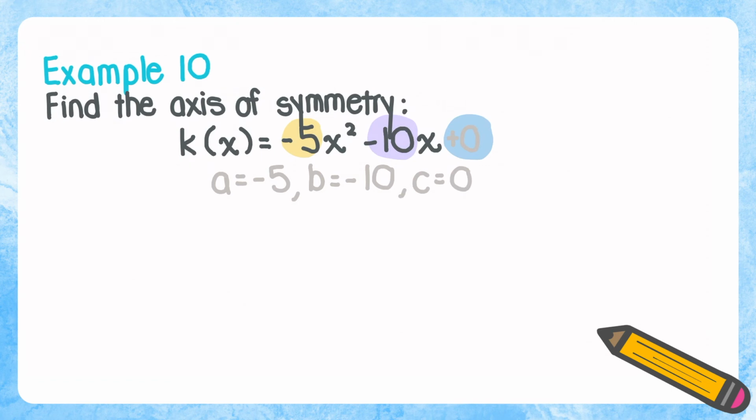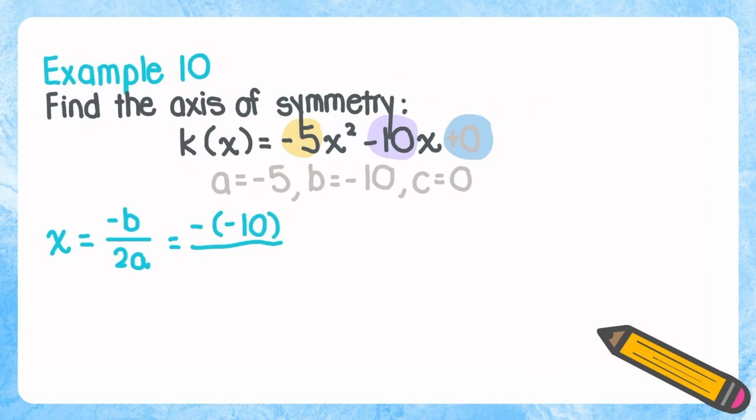Let's find the axis of symmetry. The formula again is x equals negative b divided by 2a. So we're going to replace the b and the a. So for the top part, for the numerator, we're going to have negative parentheses negative 10.